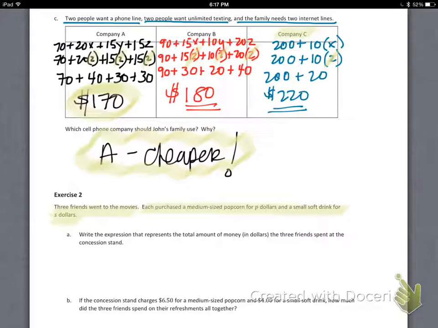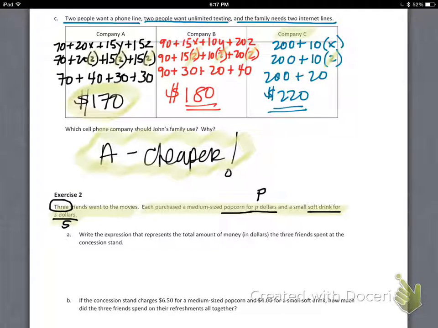And again, we need the numbers here because we need three friends. P is going to stand for the dollars for popcorn, and S is going to stand for the soft drink.